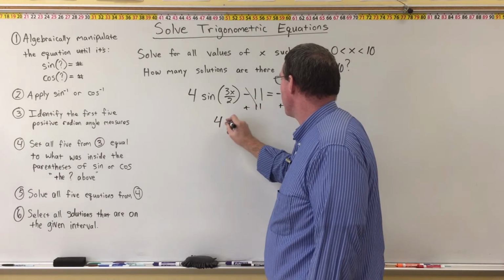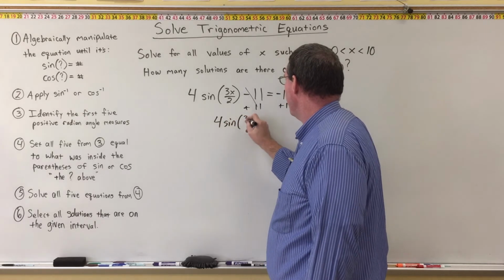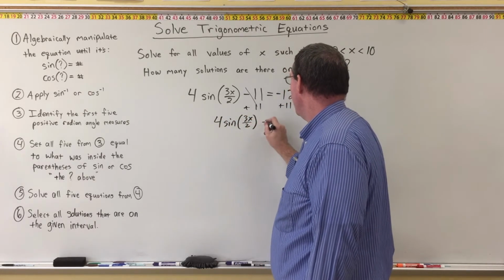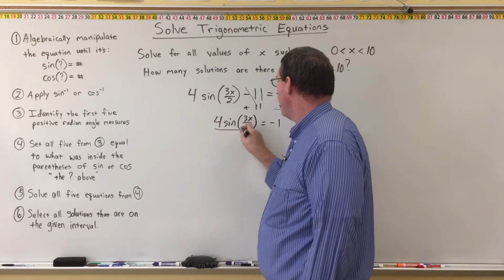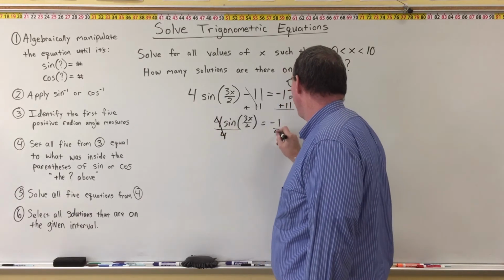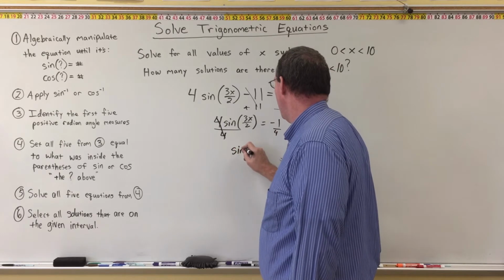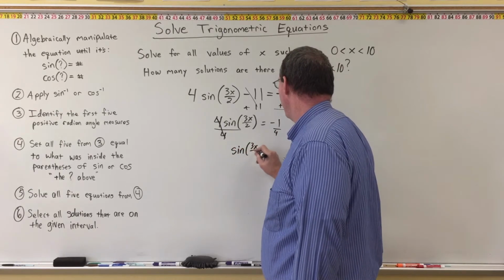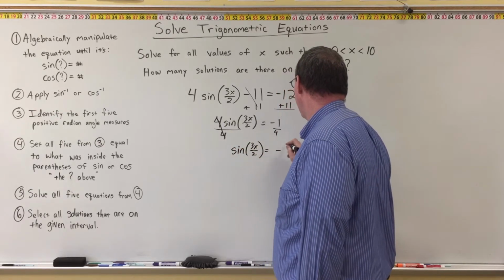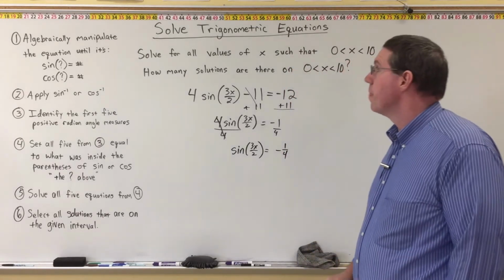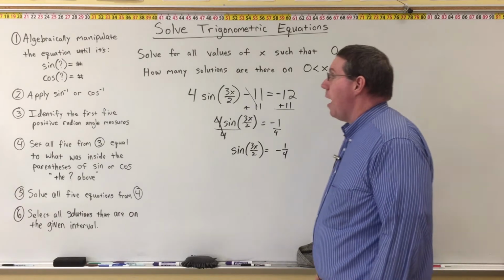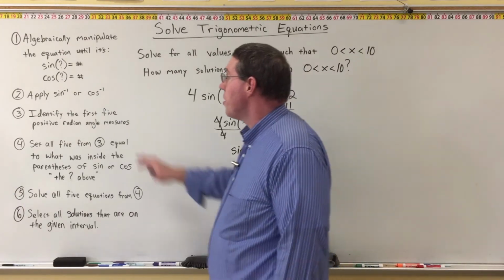Cancel, and we get 4 sine of 3x over 2 equals negative 12 plus 11 is negative 1. Now we're going to divide by 4 on both sides, and we get sine of 3x over 2 is equal to negative 1/4, or negative 0.25. I'm going to leave it as negative 1/4. Then it says apply sine inverse or cosine inverse.